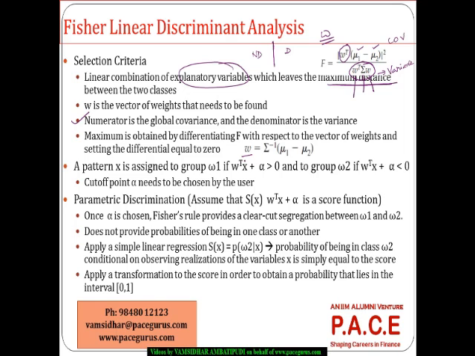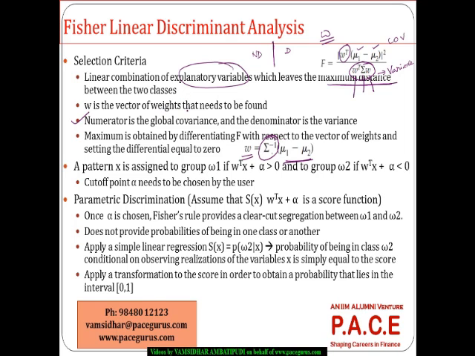This means the weights come out as the inverse of the covariance matrix multiplied by mu1 minus mu2. That is how I get my matrix of weights for each of the parameters. So this is the mathematical way.